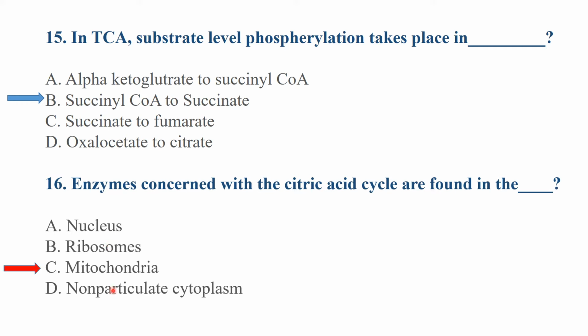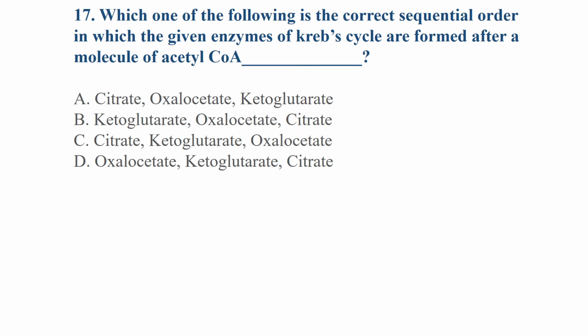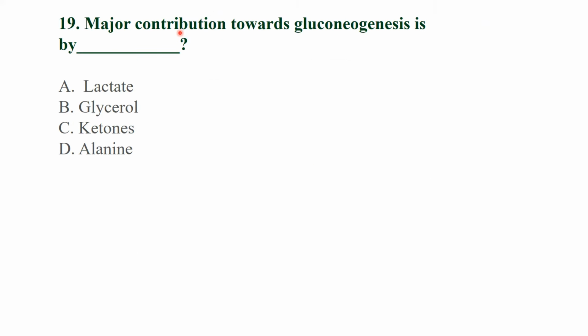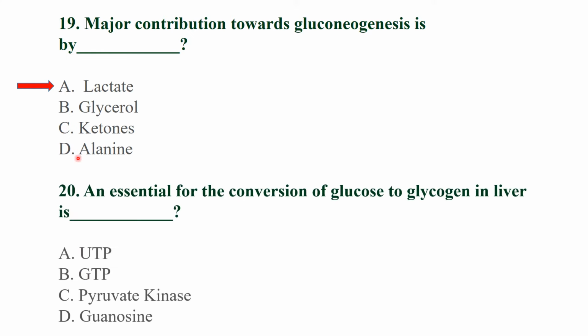So it is the mitochondria because the electron transport chain and the citric acid cycle both occur in the mitochondria. Contribution towards gluconeogenesis is by lactate. An essential for conversion of glucose to glycogen in liver is UTP.